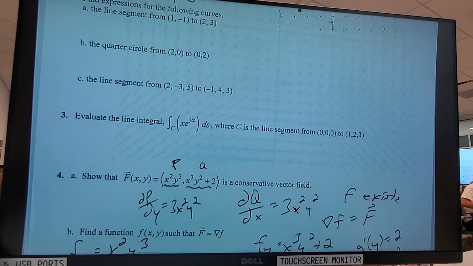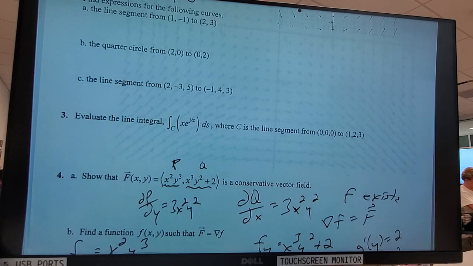So, 2a. I want you to parameterize the line segment from 1, -1 to 2, 3. How do you guys feel about that? Could you do that? We've done ones like this before.